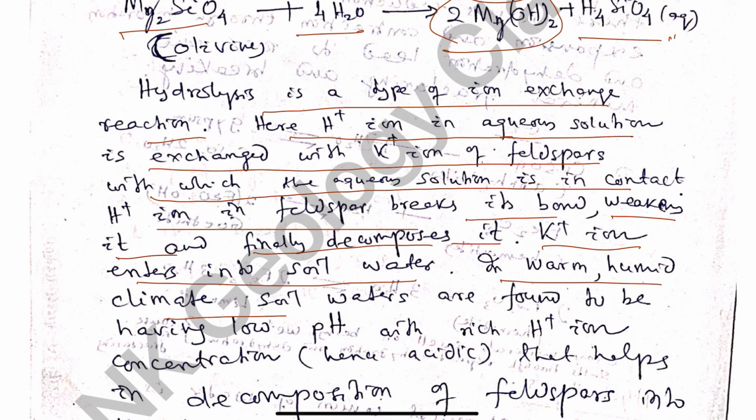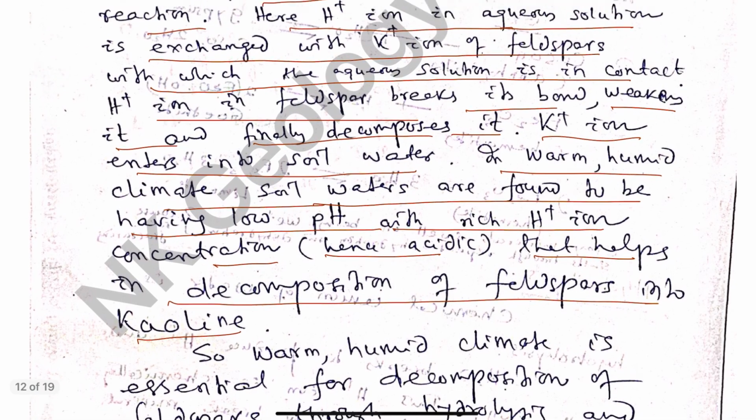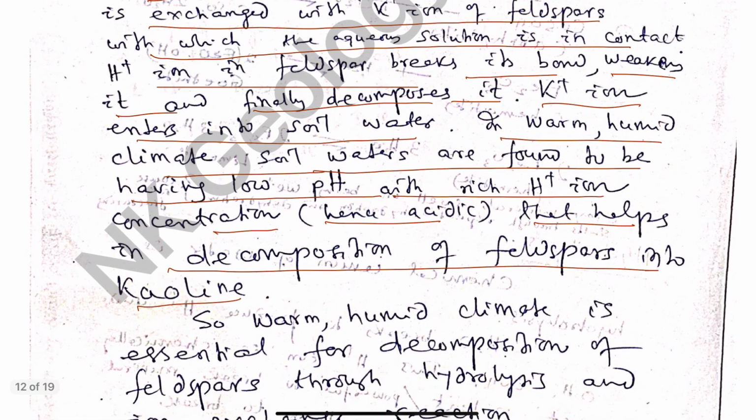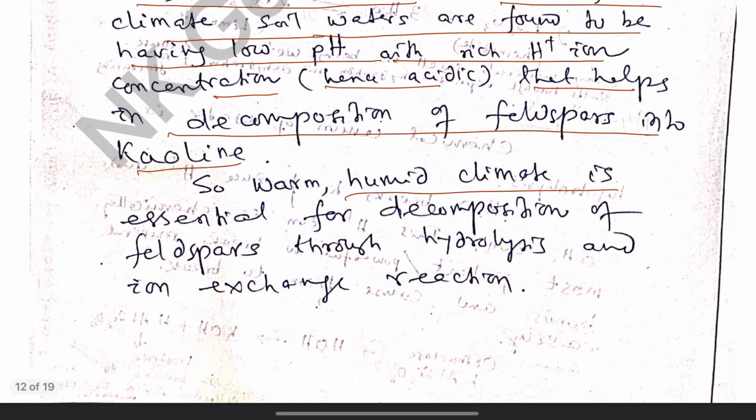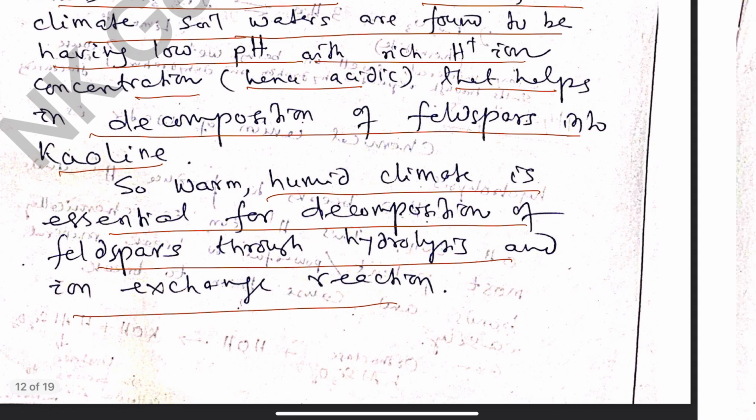In warm, humid climatic condition, the soil waters are found to have low pH and rich hydrogen ion concentration, hence acidic, that helps in decomposition of feldspars into kaolin. So this hydrolysis process produces kaolin. So warm, humid climate is essential for decomposition of feldspars through hydrolysis and ion exchange reaction.